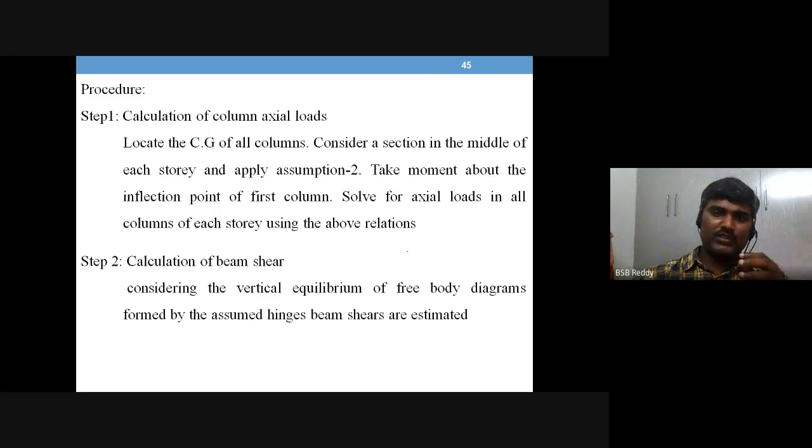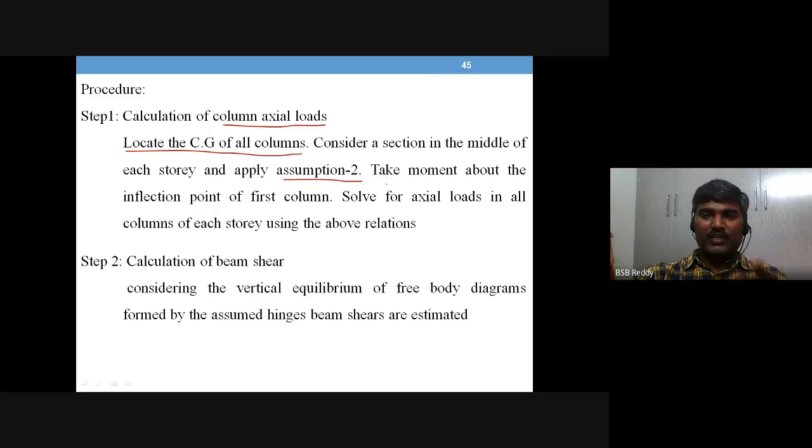Anyhow, the procedure was already told just now, and once again we will go through it. We start by calculating the column axial loads first, because your assumption is on column axial loads. Before that, you have to locate the CG of all the columns, then apply the second assumption.